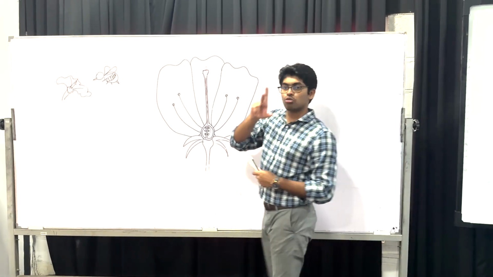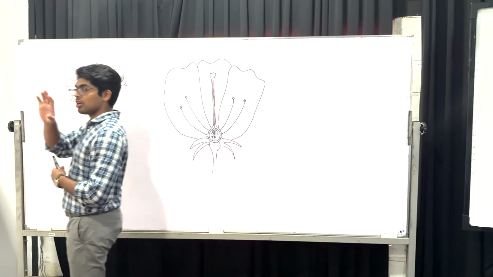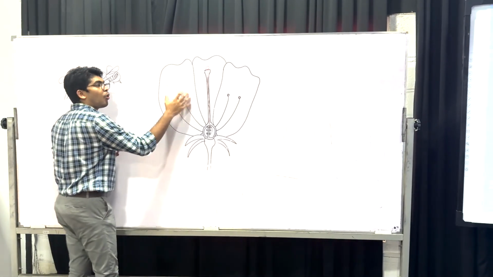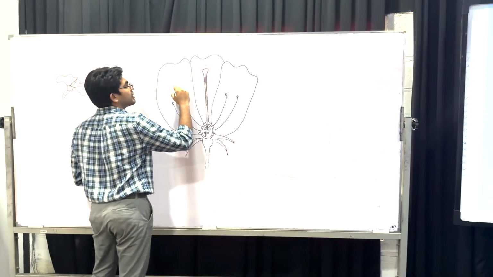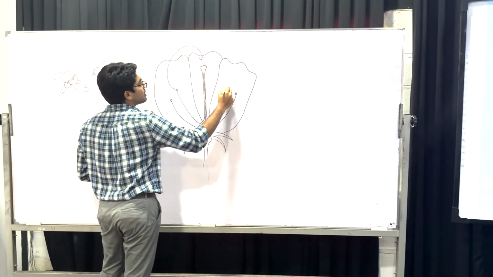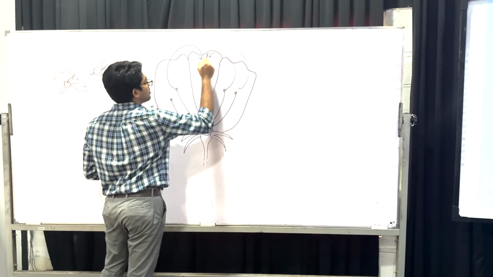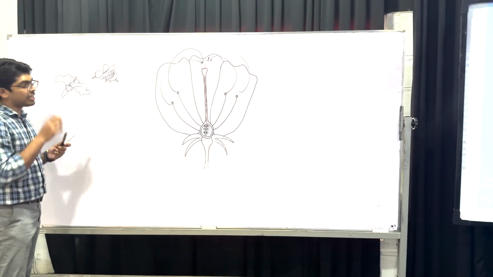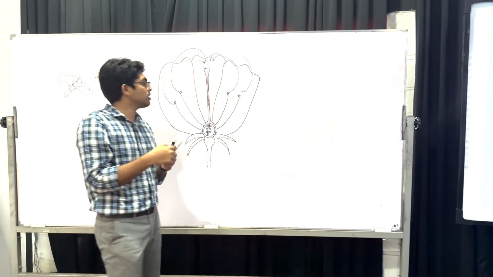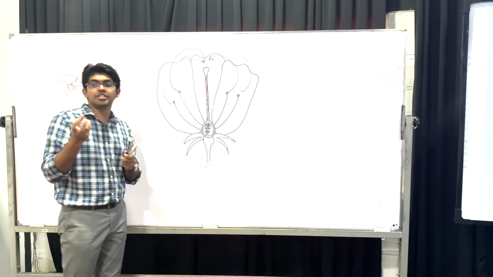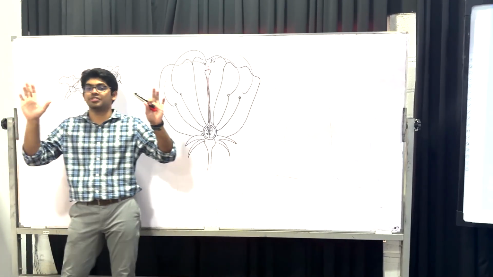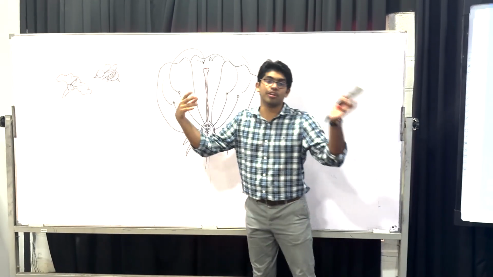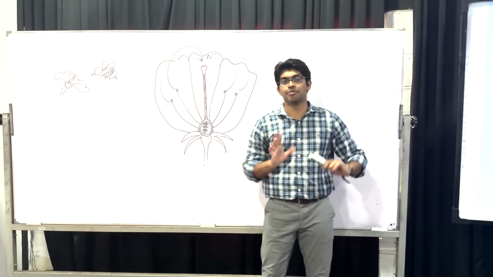Now I told you there are two types of pollination: self-pollination and cross-pollination. Self-pollination is when the pollen present in the flower gets deposited on the stigma of the same flower. When we consider cross-pollination, it is the flower of the same species, might be the same tree or a different tree, but it's another flower, not the same flower.